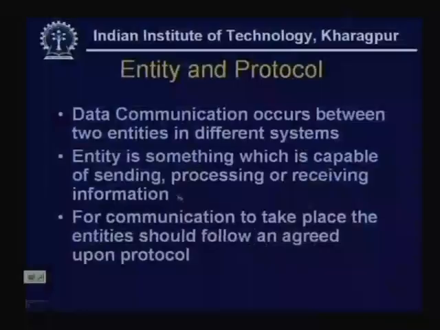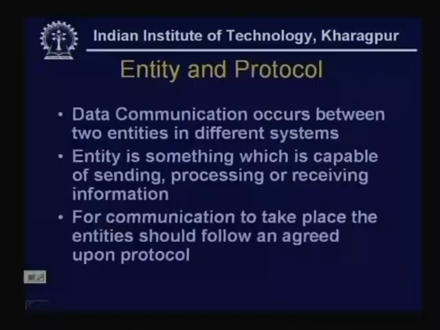An entity is essentially an active element. An entity is something which is capable of sending, processing or receiving information. An entity can be a piece of hardware, a piece of software, or a hardware-software combination.